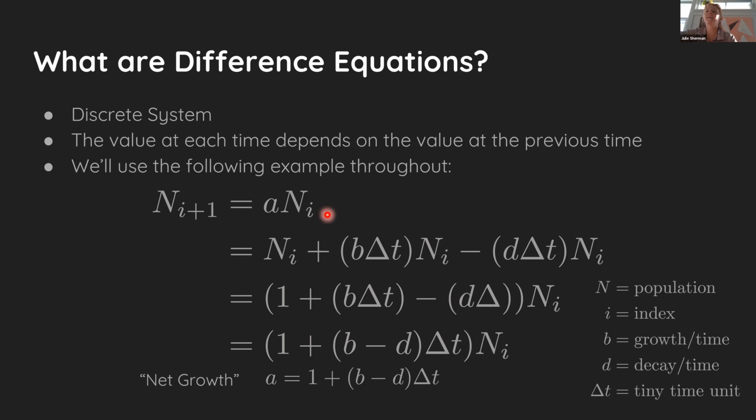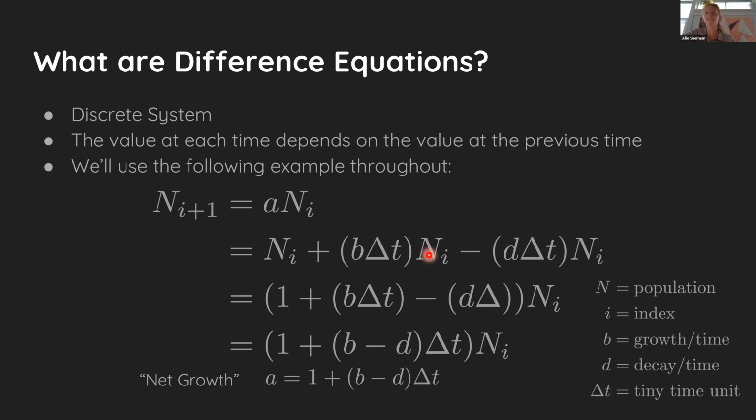So we can then kind of break this up. What would this coefficient a actually be? Well, the amount of people at the next time is going to be the people who were there before, plus the number of people who were born, maybe. Okay, so now we're switching to people. And then minus maybe the people that died in that time. So this b Δt is a birth rate times the amount of time between time points.